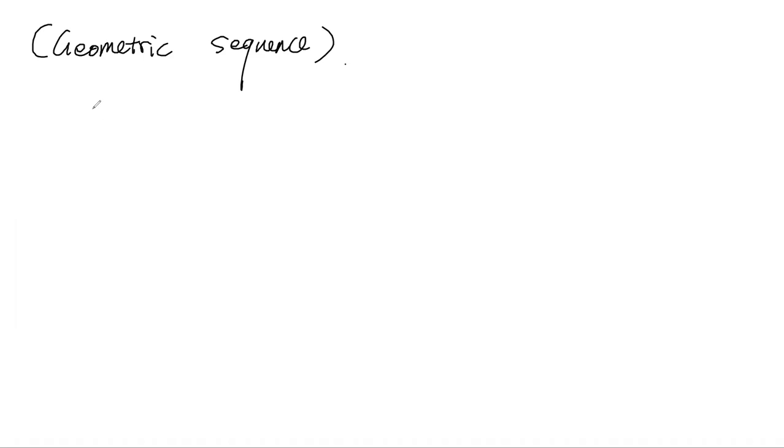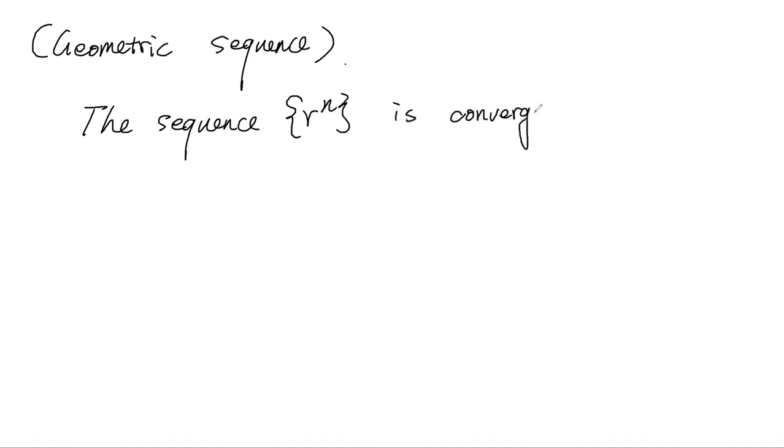So here, the sequence r to the n power is convergent if the absolute value of r is less than 1, which is equivalent to r being between 1 and -1.